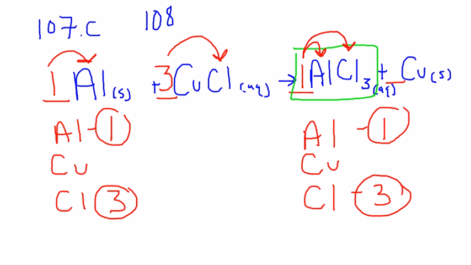So just as before, where the 1 distributes to the aluminum as well, this 3 also distributes over to the copper, which means I have 3 coppers on my reactant side, which consequently tells me now that I need 3 on my product side. And luckily copper is all by itself, so I just write a 3 here as my coefficient, and that balances out my equation for number 107C, and also answers the question for number 108.